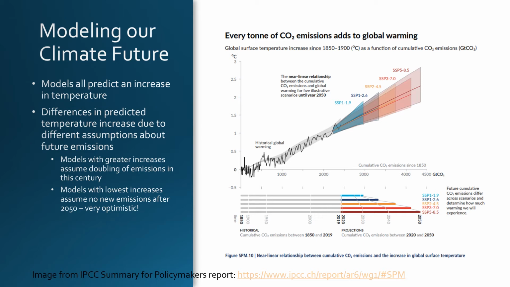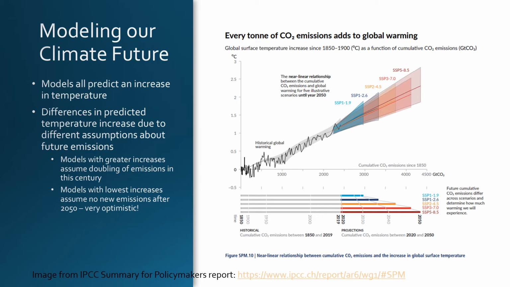And then the optimistic models, 1-1.9 and 1-2.6, both assume that we will be carbon neutral by the year 2050, and that we may even start to have negative emissions as we plant trees and take other mitigation steps that will absorb some of the greenhouse gases from the atmosphere. And so these more optimistic models predict a temperature increase in the future of only 1 to 2 degrees Celsius.